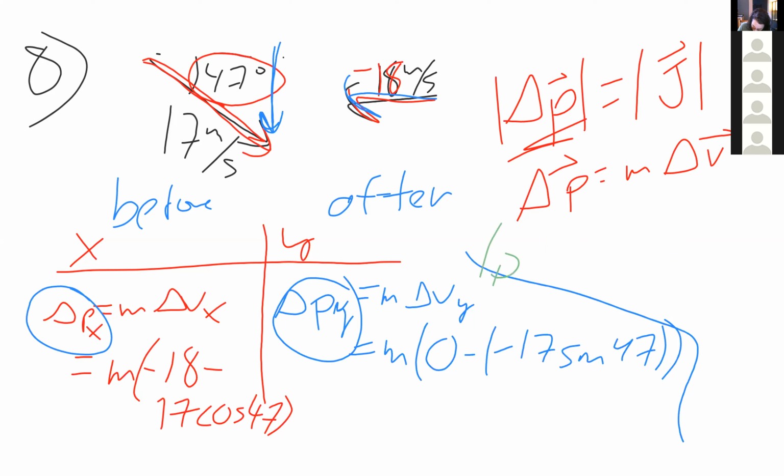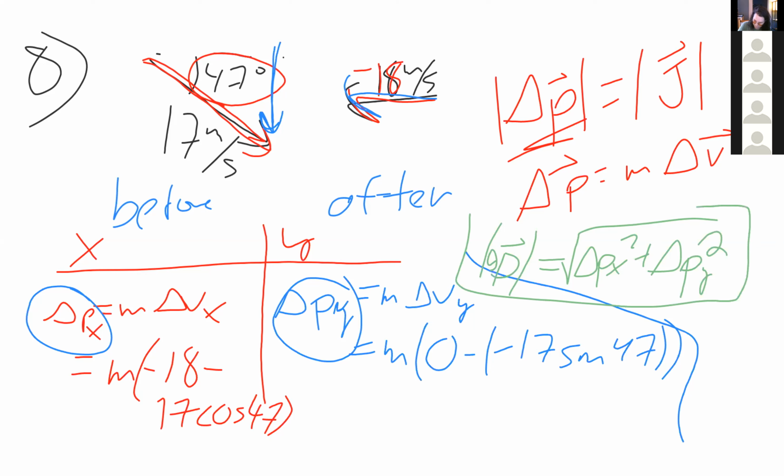The magnitude of the change in the momentum is the square root of delta p sub x squared plus delta p sub y squared. Okay, that's what you actually need to ultimately calculate, and just do it for the two different final velocities.